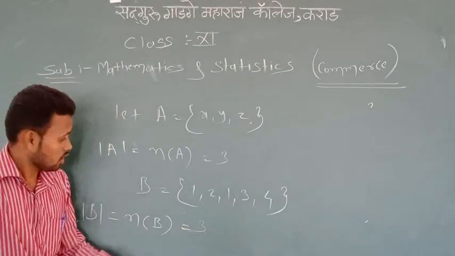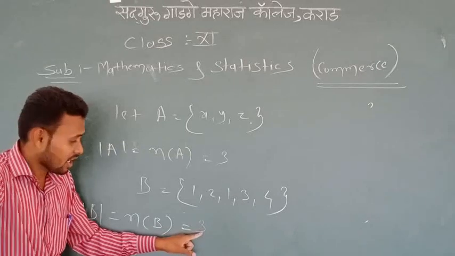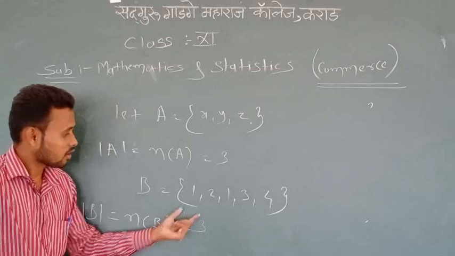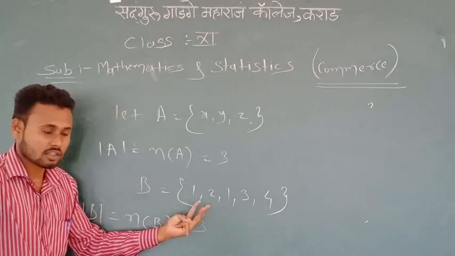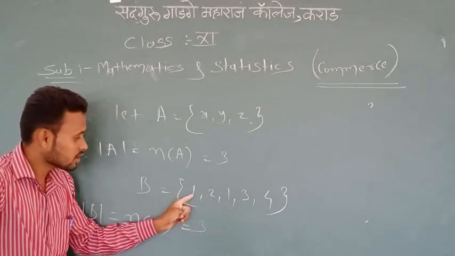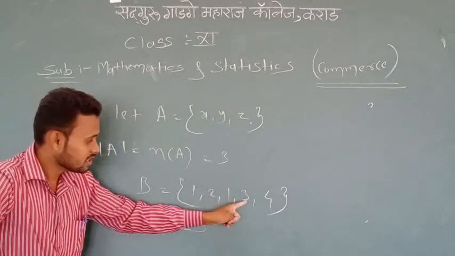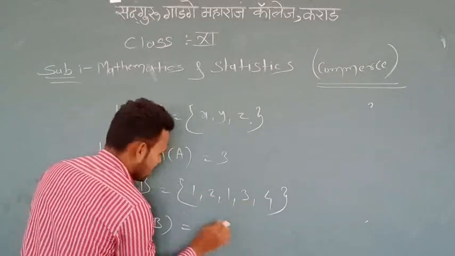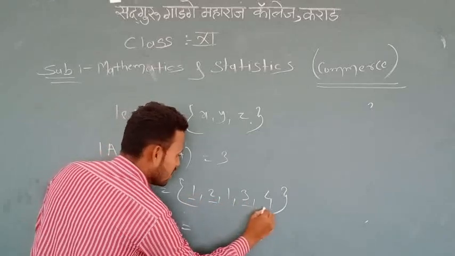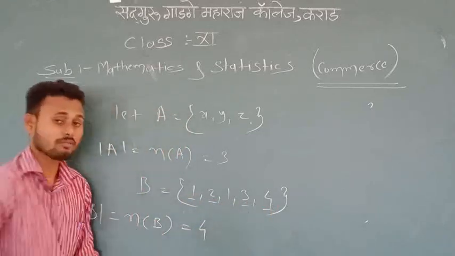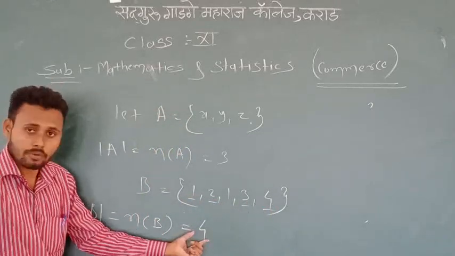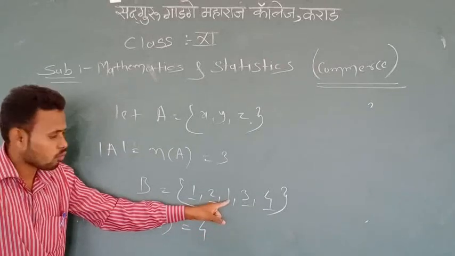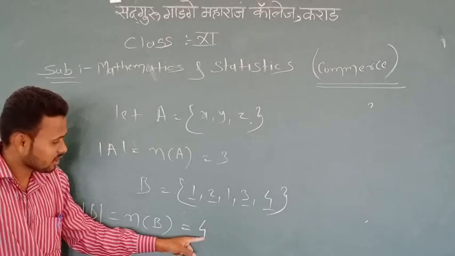Is it 3, or 4? 4 is the right answer. Why? Because here 1, 2, 3, 4: 4 elements. But here there are also 5 written numbers. Why do I not write 5?